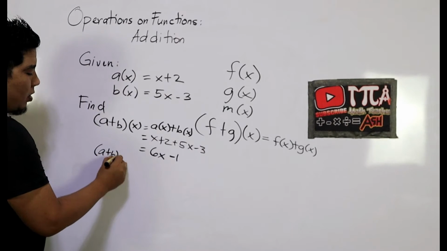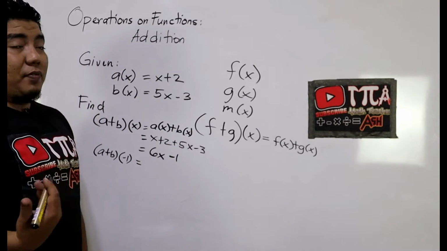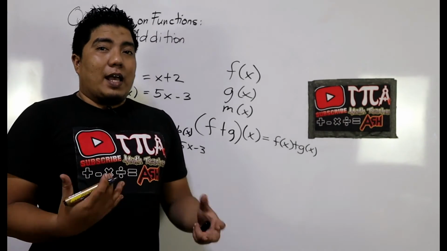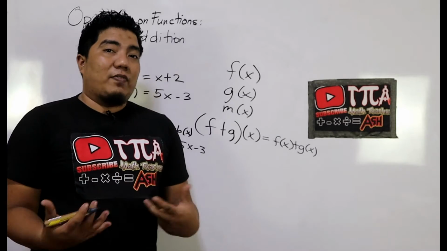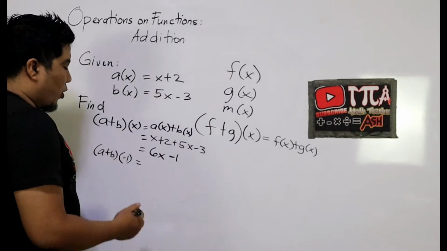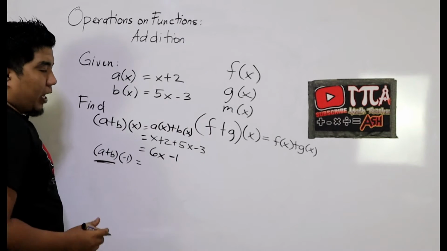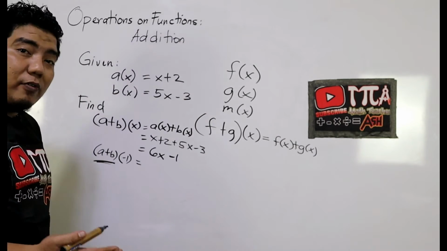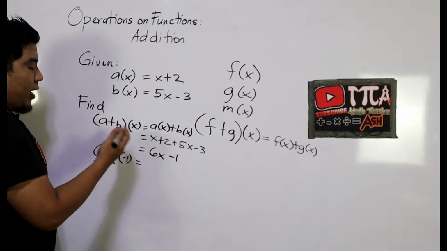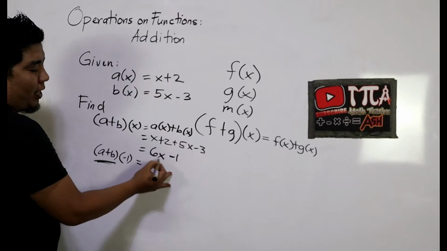a plus b of negative 1. So, therefore, x has a value of negative 1. So, there is an input value here. If that is the case, since we already solved a plus b, or the two functions a and b, then that is the expression that we will use, right?